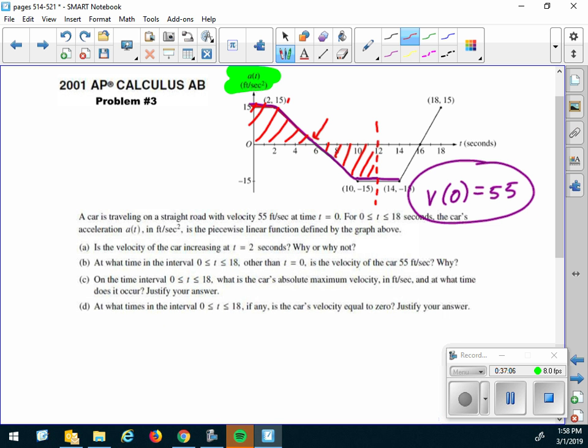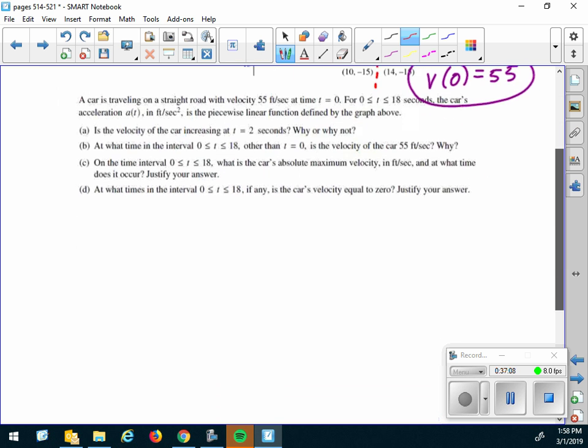Why? We could say in words what you said, but we could also say something like this. At t equal 12 because what is the integral?